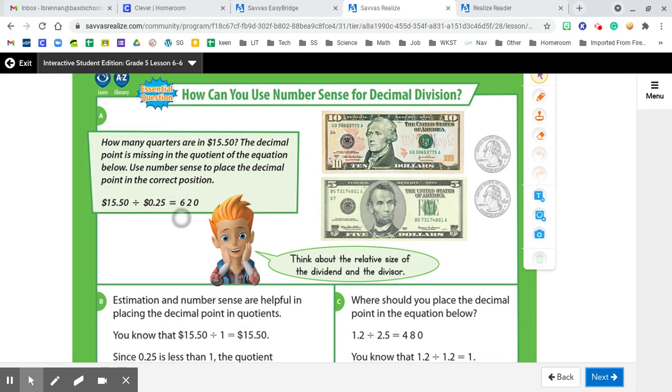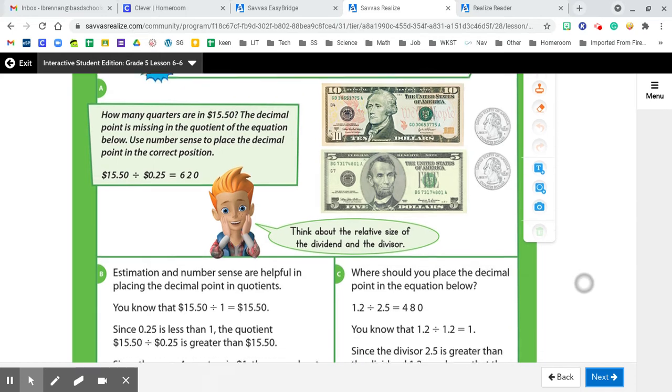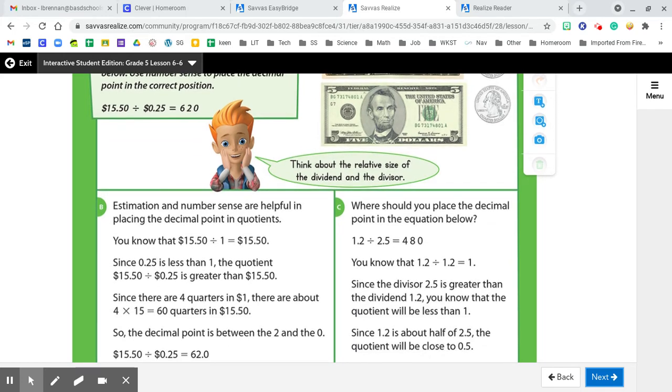$15.50 divided by a quarter, which is shown as 0.25 using a decimal. How many quarters would that be? So you know that 15.50 divided by 1 is 15.50. Since 0.25 is less than 1, the quotient is going to be greater than 15.50.